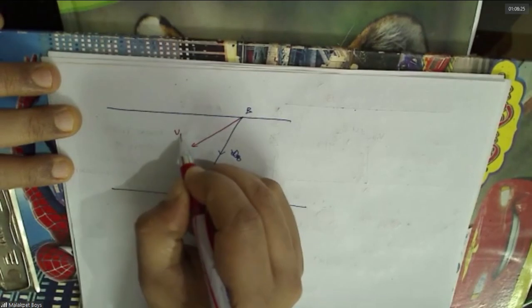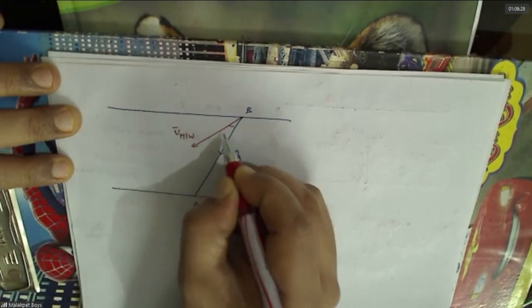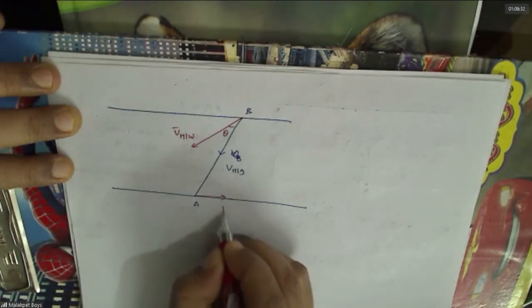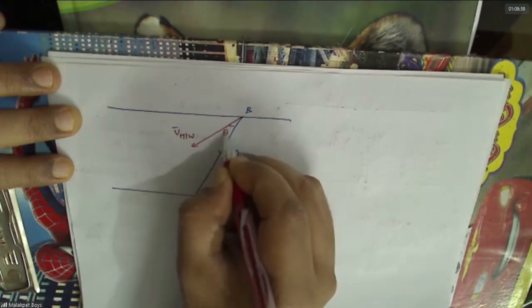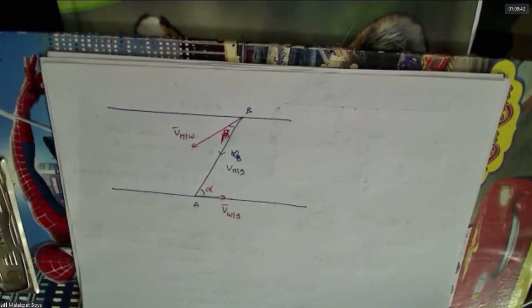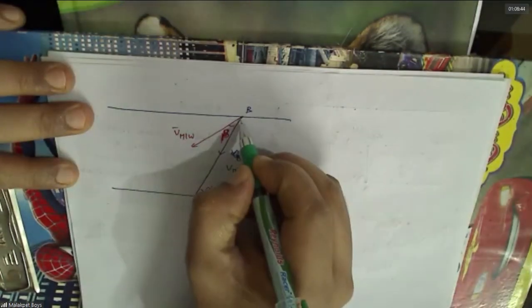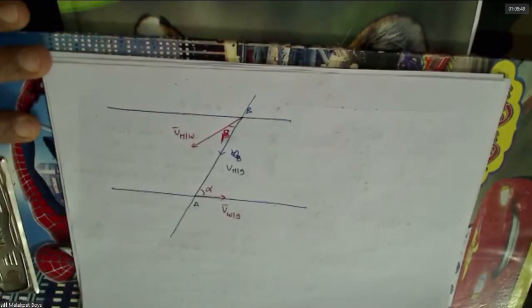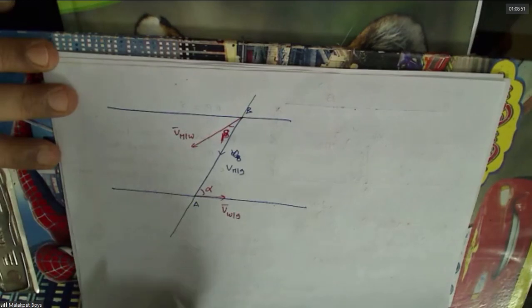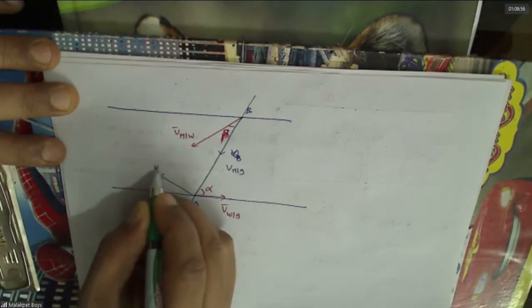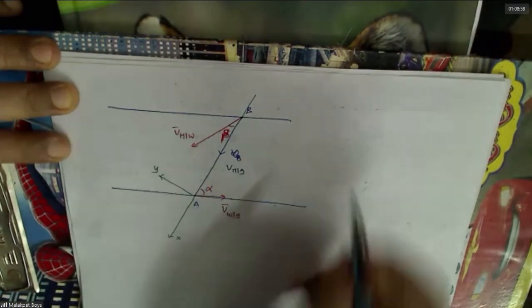The man should swim always making an angle theta, I think. This is what he has given. This is beta, he gave. Any doubt? No, this is the x-axis I am taking. This is the y-axis. Okay. Now, components.